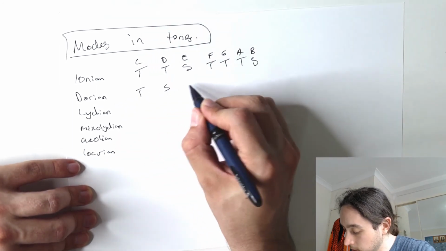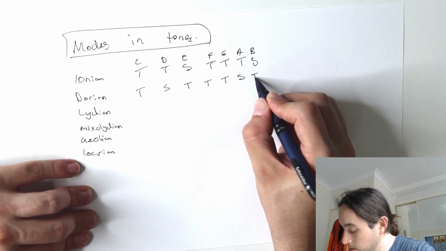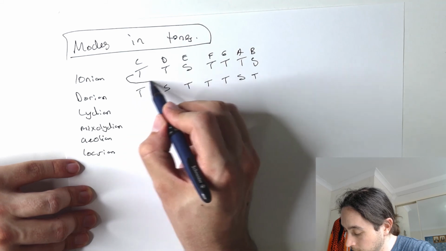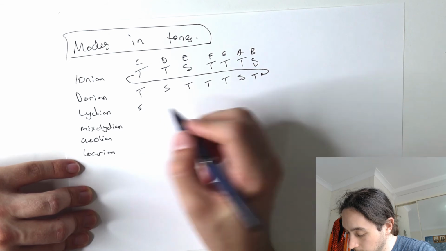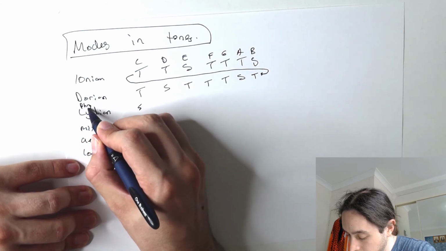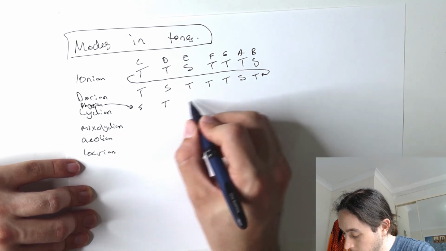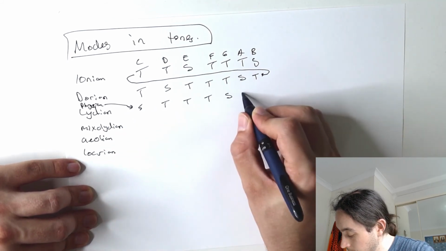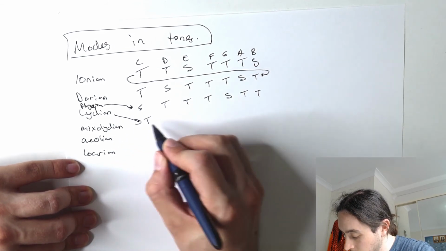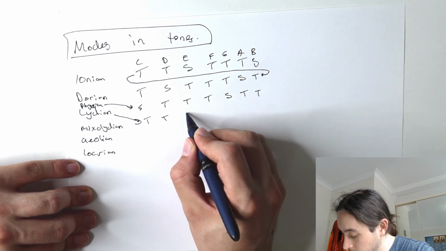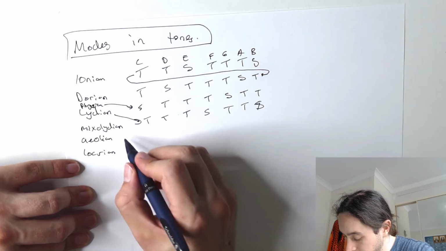Dorian is tone, semitone, tone, tone, tone, semitone, tone. Okay, so this one is traveling over here. Lydian is semitone. I forgot Phrygian. Phrygian here: semitone, tone, tone, tone, semitone, tone, tone. Lydian here is tone, tone, tone, semitone, tone, tone, semitone.